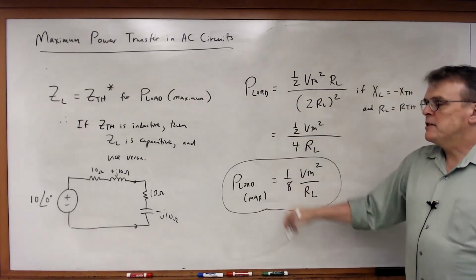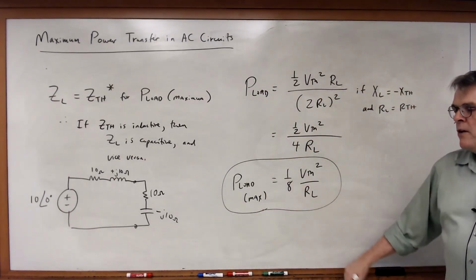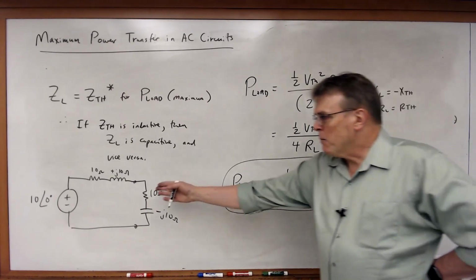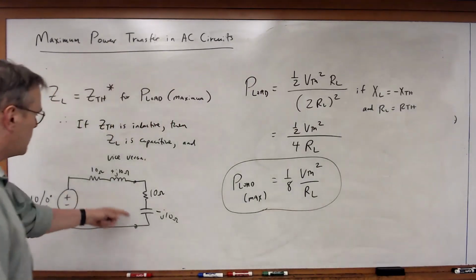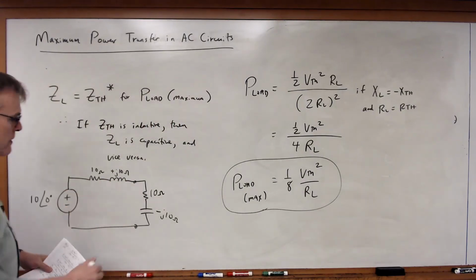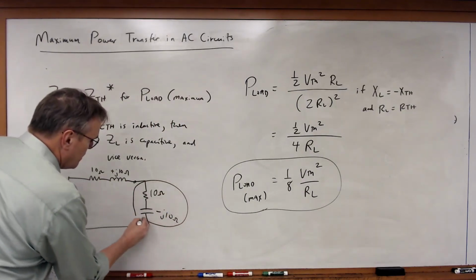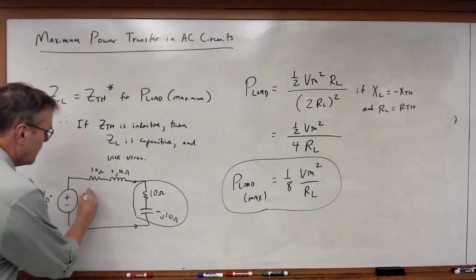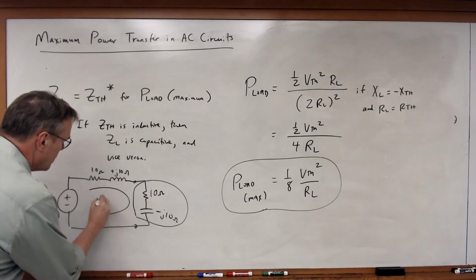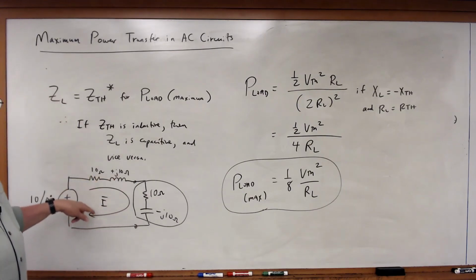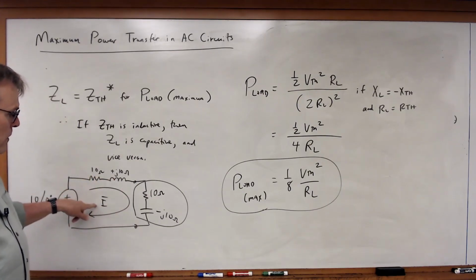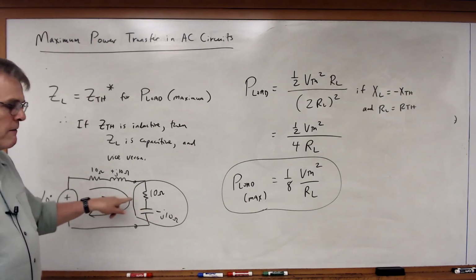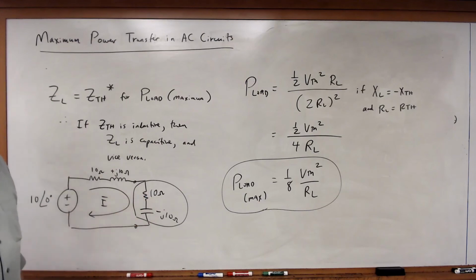However, I typically tell people, don't use this formula. Don't try to memorize it. If I give you a problem like this, and I ask you, what is the power in this load, using the maximum power transfer theorem, you know how to do that. Calculate the phasor current going around this, and then once you know the phasor current, you know the P load must be equal to the magnitude squared divided by 2 times 10.